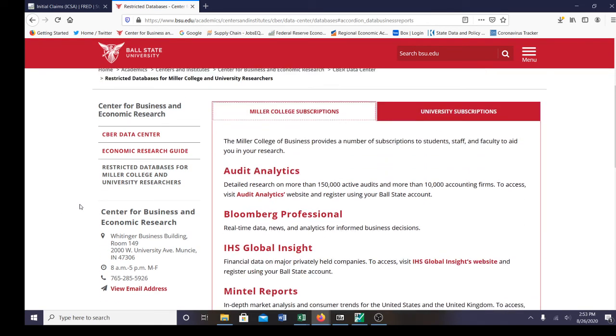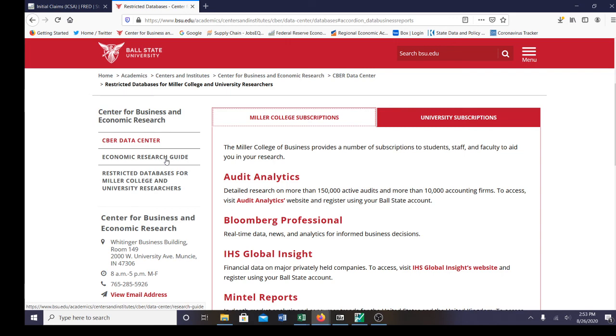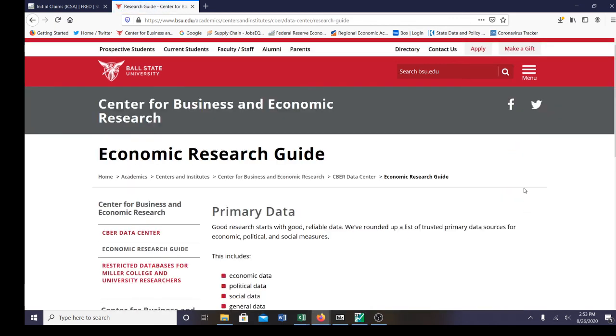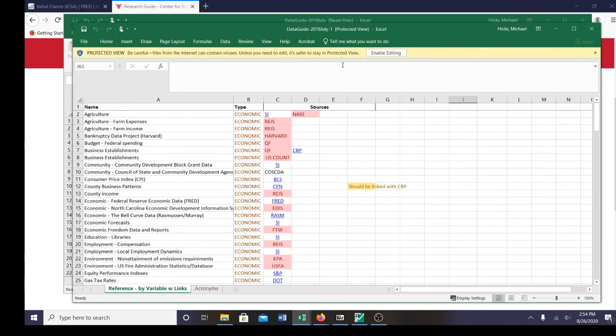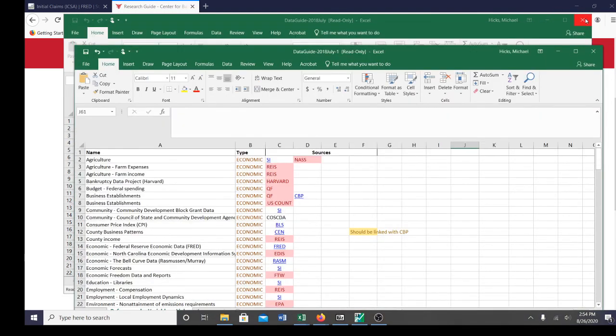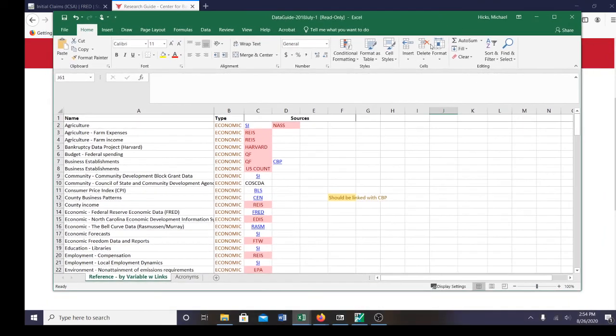They're maintained through my center's website. If you're doing research in economics or elsewhere, we've created a data source that has just a spreadsheet of data, and I'll download this spreadsheet real quick. This is a data guide that we've created that provides information about a wide variety of data sources around the country.